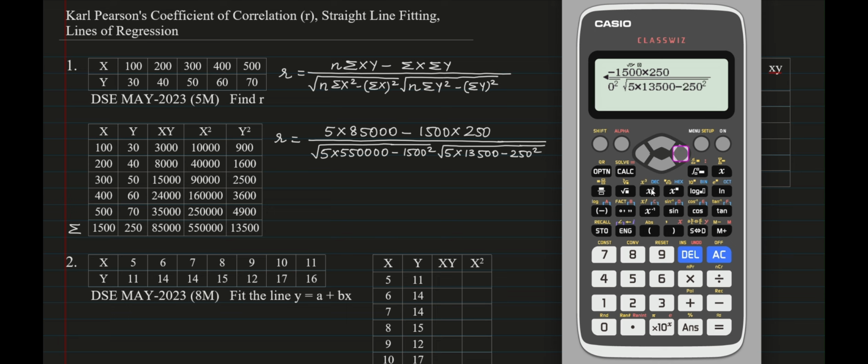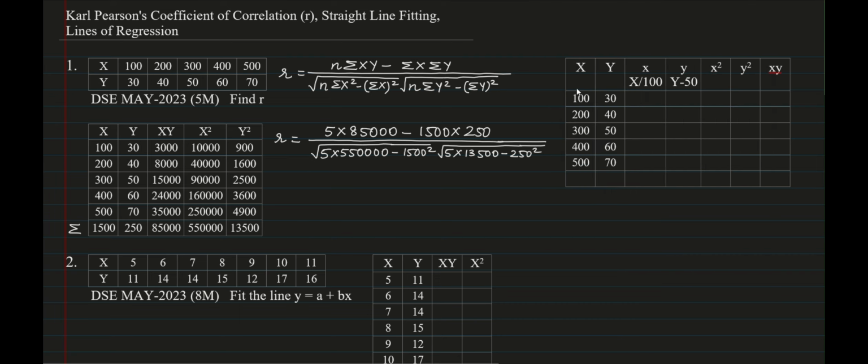So let's calculate the value, which is equal to 1. So the value of r is equal to 1 over here.